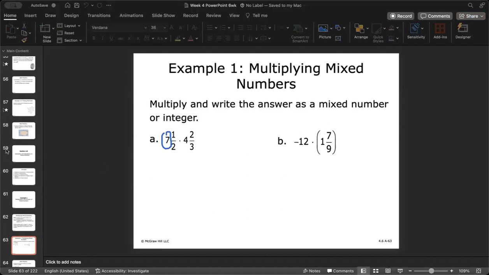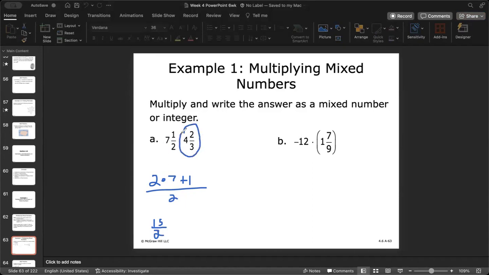And then you add the numerator. So take the denominator, 2, multiply it to the 7, and add it to the 1. And you're going to place all that over the original denominator of 2. Do the calculations in the top, order of operations. 2 times 7 plus 1, 2 times 7 is 14, and then plus 1 is 15 over 2.